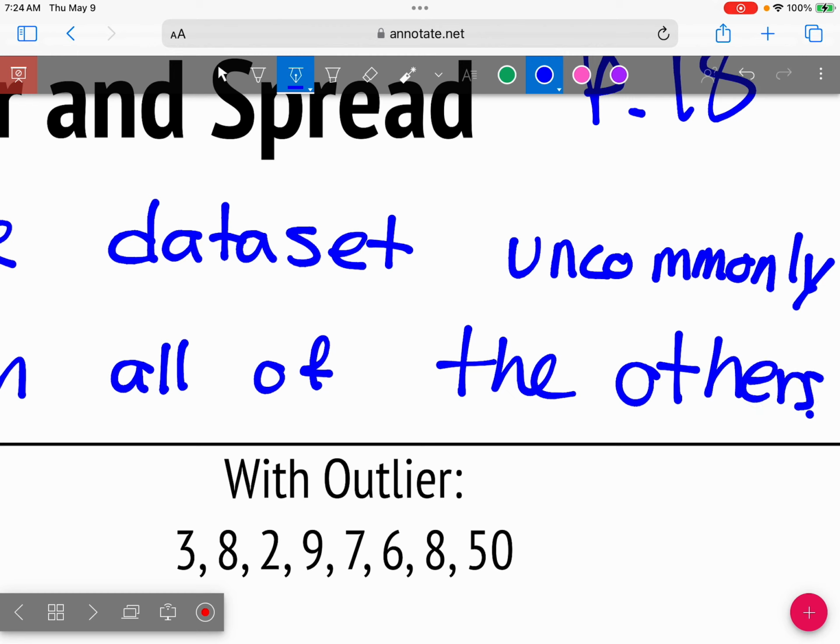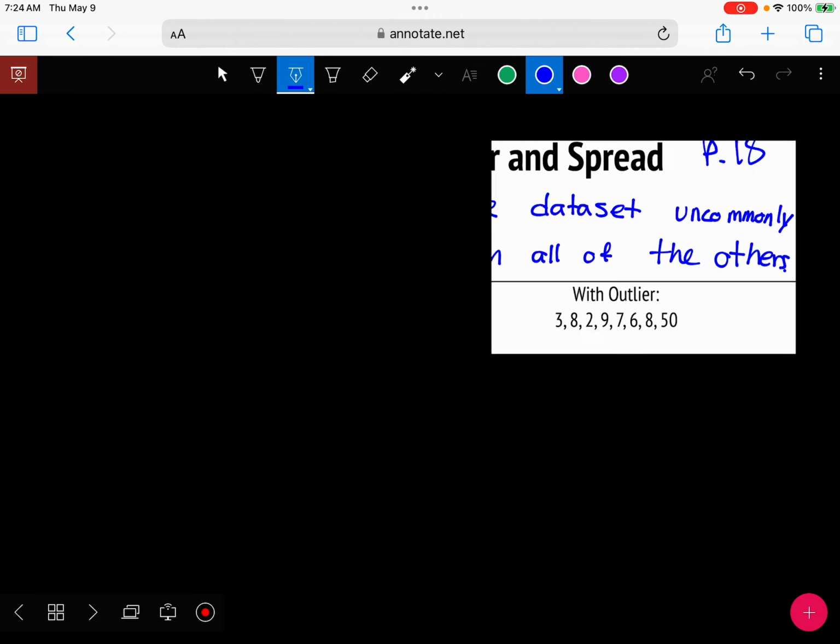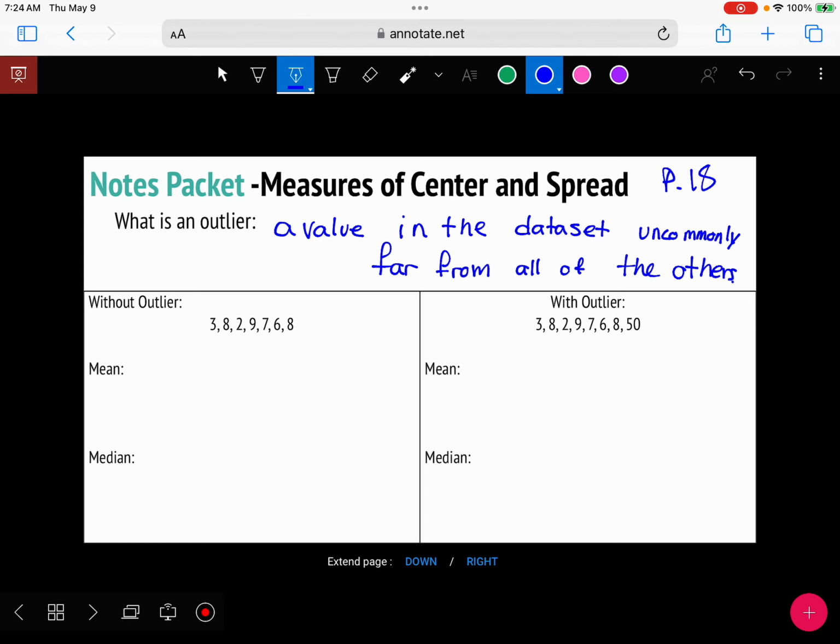So it's a value in our data that is uncommonly far. It's a weird one, something abnormal. If we think about the average height of a group of kindergartners, and you toss one random NBA player in there, they are going to be an outlier. They are really far away from the average height of those kindergartners.